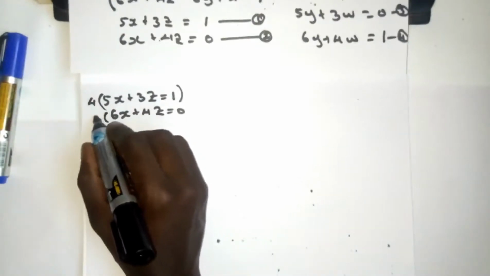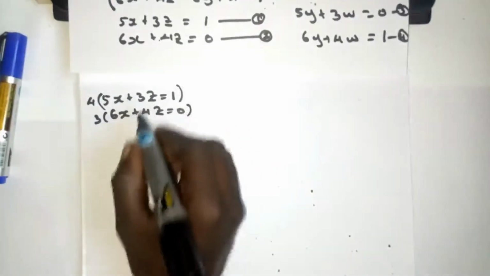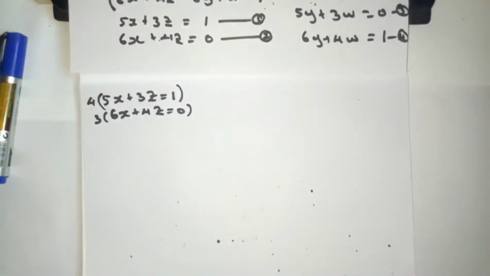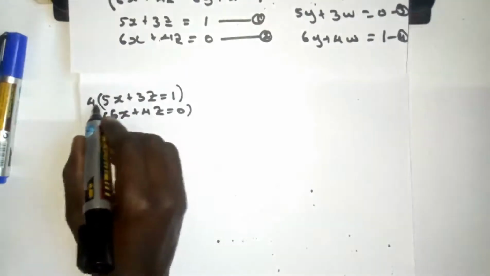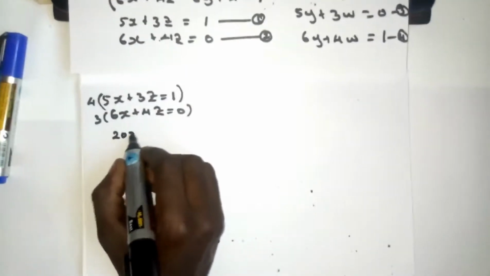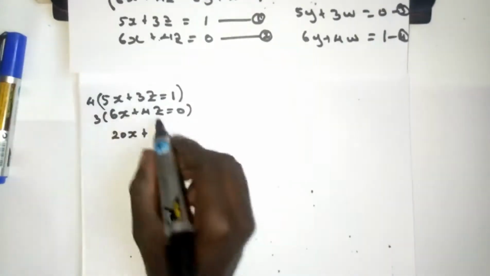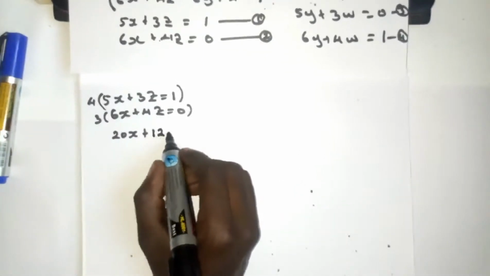So I multiply by 3 down, then up I multiply by 4. If I do that, this one is going to give me 20x plus 12z, should give me a 4.